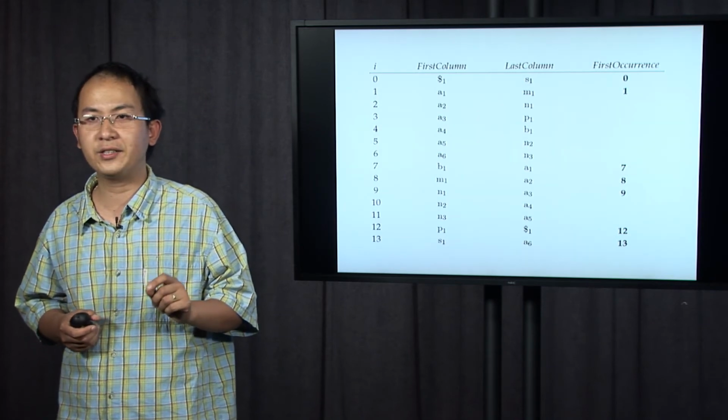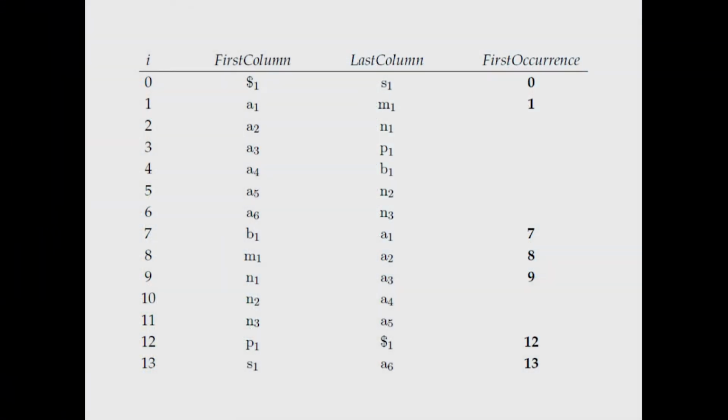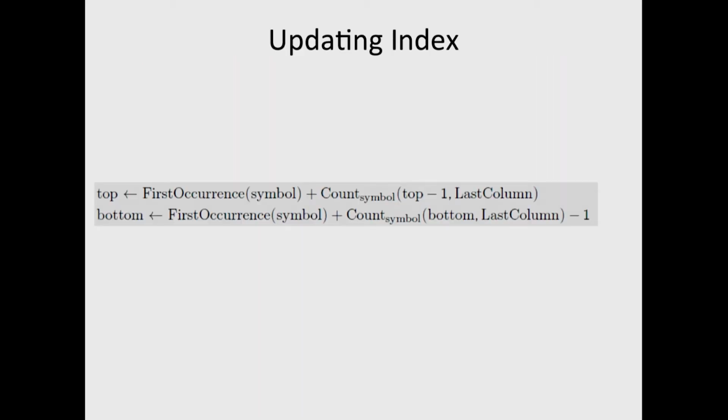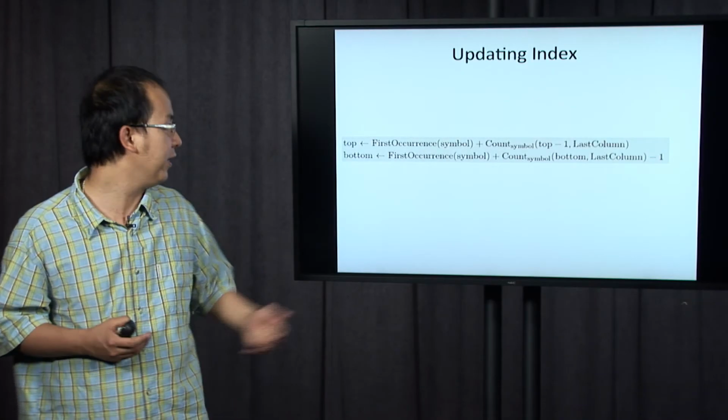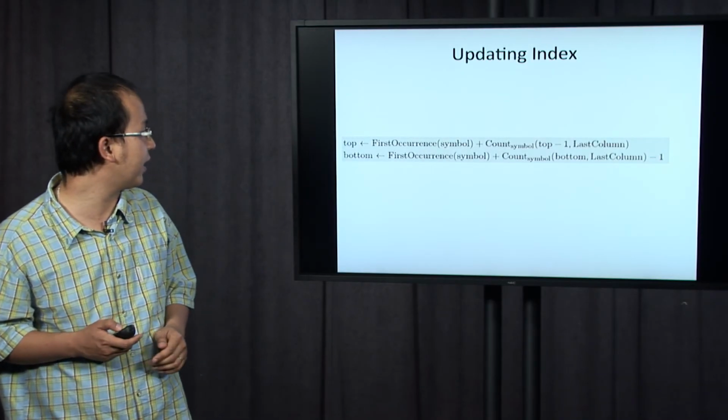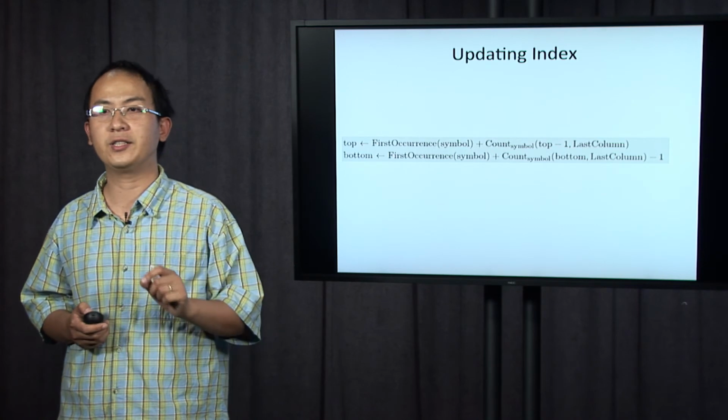The first occurrence of B is 7. The first occurrence of M is 8. Right? So using the information about the first occurrence of the symbol and also the count matrix, we can quickly update the indexes. And here you can clearly see that the indexes can be updated in constant time.